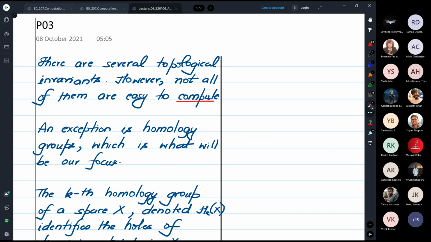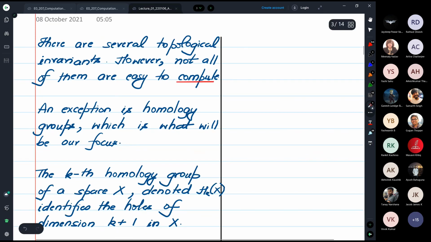That's the reason most of these topological invariants are not of interest to us, by which I mean people who are more interested in doing computational analysis with these objects. An exception to this statement is that of homology groups, and this in some sense will form the focus of the first half of the course. I hope this is clear.